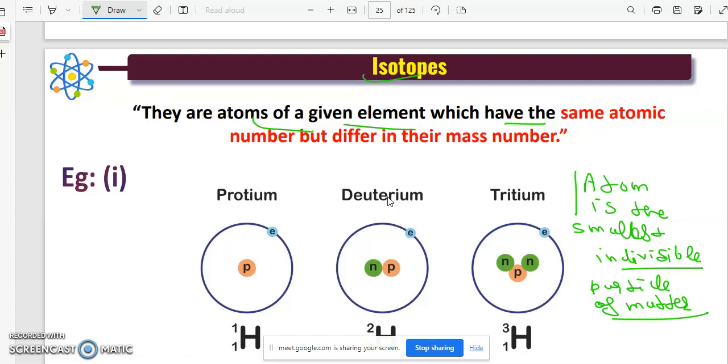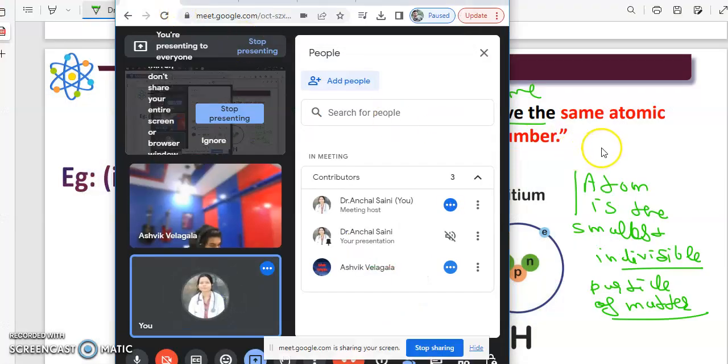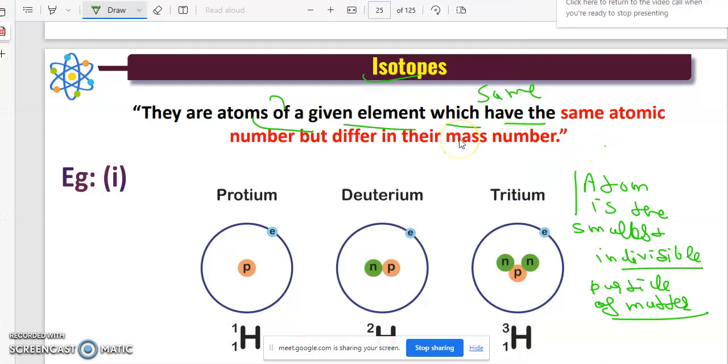So that means our element also has atoms, obviously. So what are isotopes? What do you mean by iso? Iso means same.